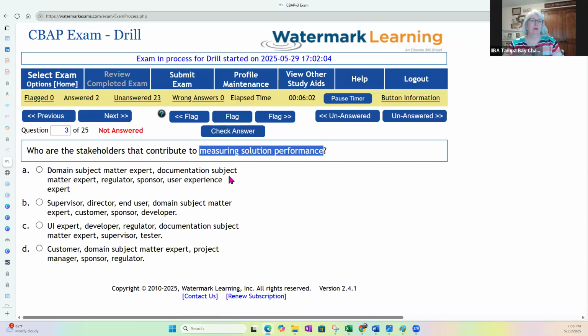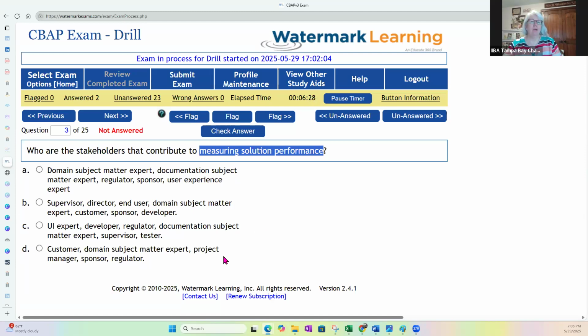Would it be domain subject matter expert, documentation subject matter expert, regulator, sponsor, user experience expert? Or supervisor, director, or end user, domain subject matter expert, customer, sponsor, developer? Or the UI expert, developer, regulator, domain subject matter expert, supervisor, tester, or the customer?